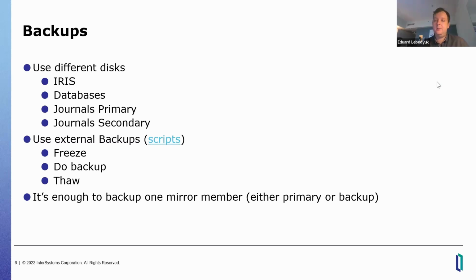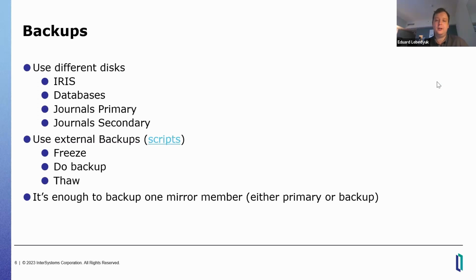It is enough to back up only one mirror member, either of them, as long as they're synced, so primary or backup. If you have DR, they are not a viable target for backing up. They might be away for a longer time. Usually not, but definitely recommended is primary or backup.